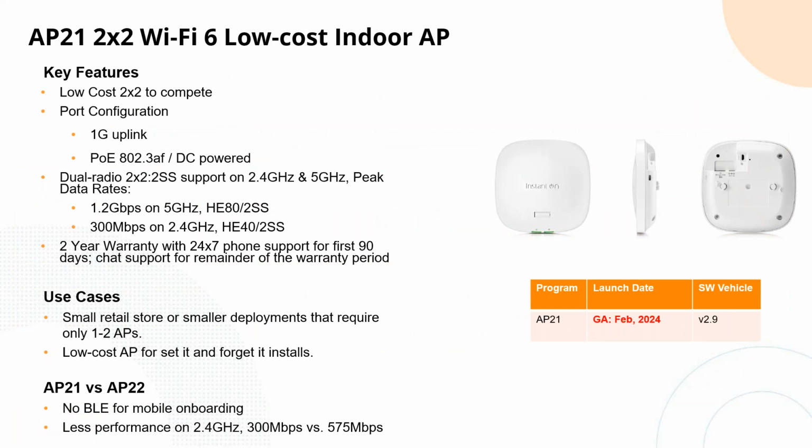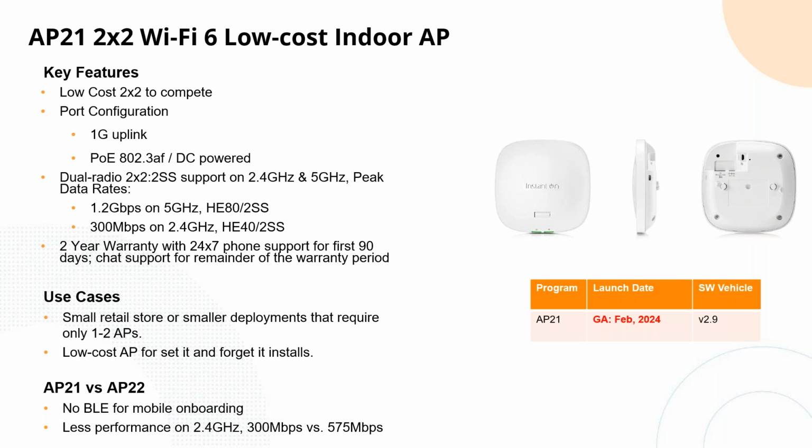So the AP21, again, is a 2x2 Wi-Fi low-cost indoor AP option. We basically came out with this product to compete. Now, by the way, I know our AP22 is still our number one seller, and it's still, to be honest, the product that I'll probably lead with to pitch. But for customers that really want a low-cost option that's also a 2x2, this only has a 1 gig uplink on it.